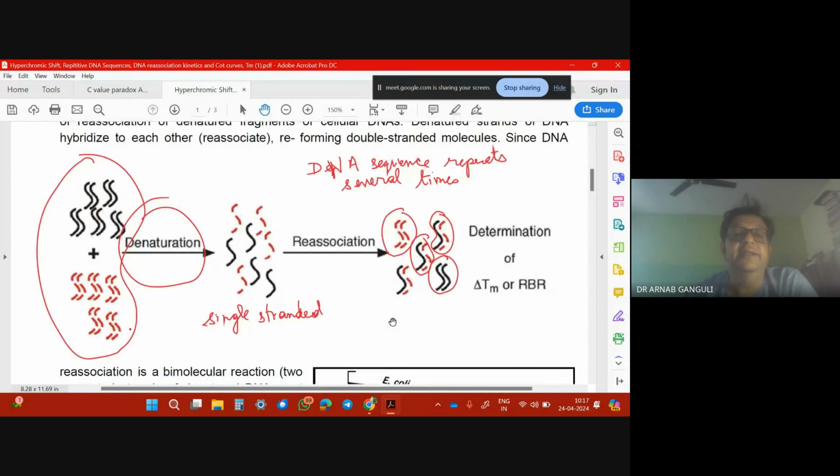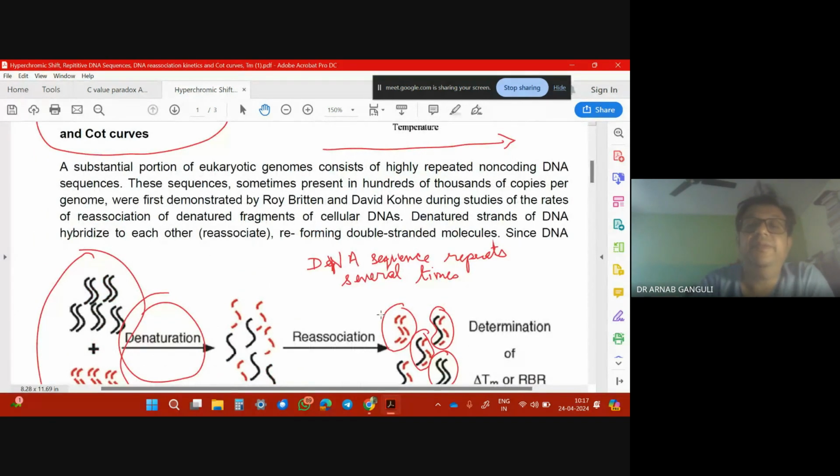And so we see that a substantial portion of the eukaryotic genome consists of highly repetitive non-coding DNA sequences.